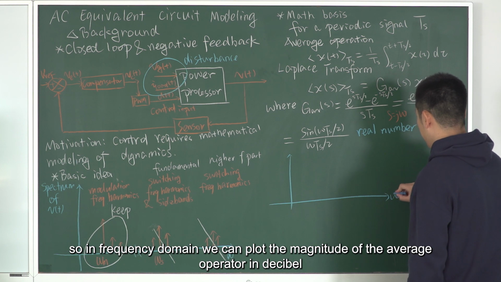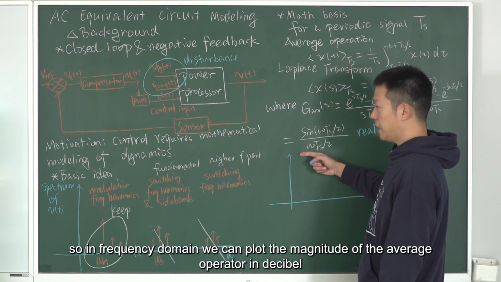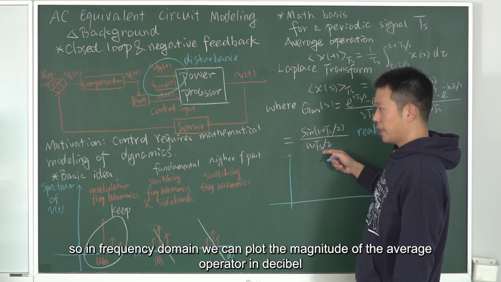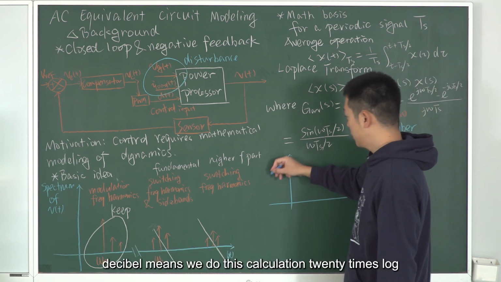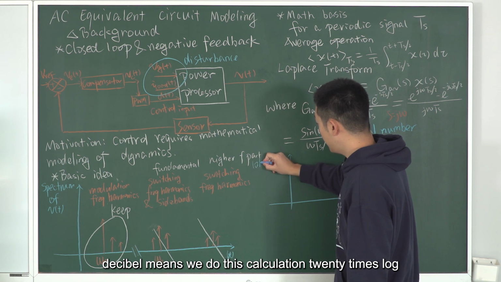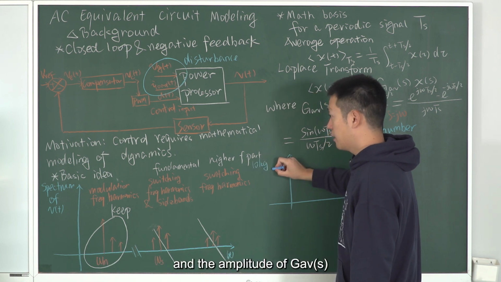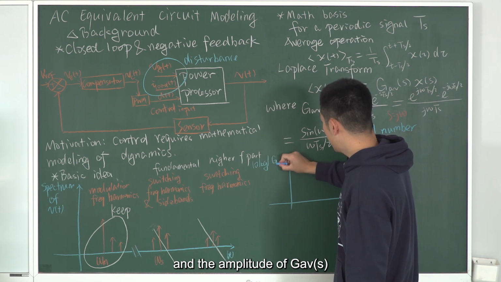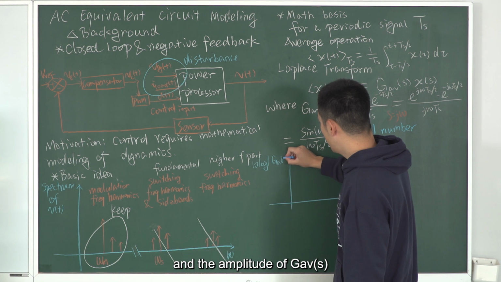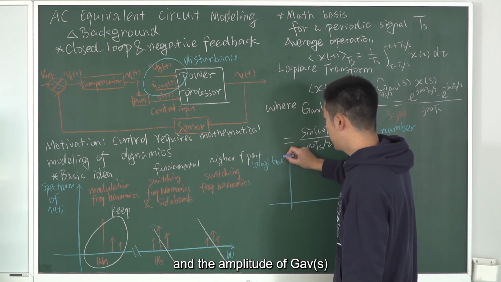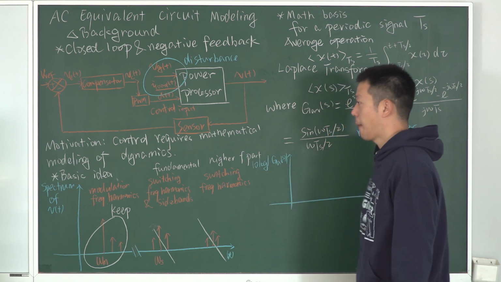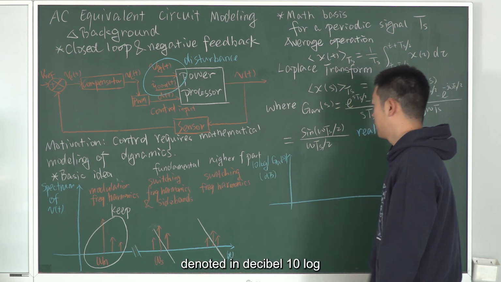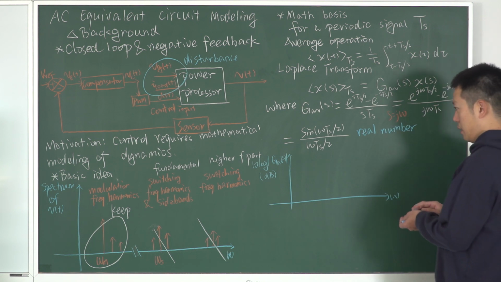So in the frequency domain, we can plot the magnitude of the average operator in decibels. Decibel means we do this calculation, 10 times log, of the amplitude of G_av(s).